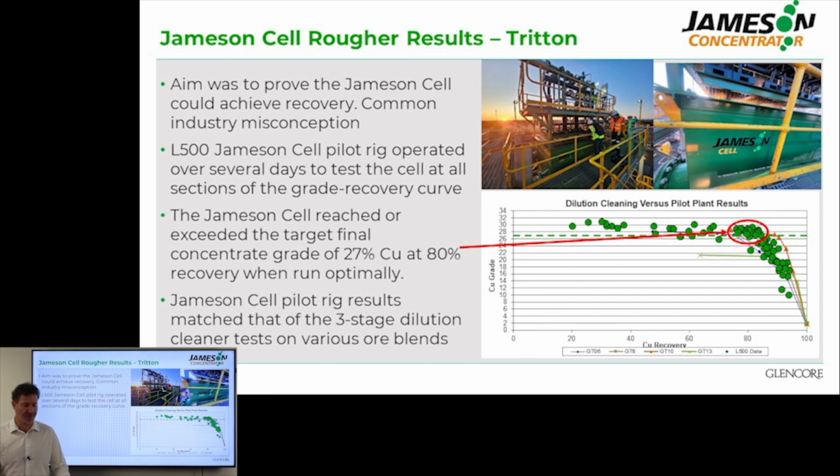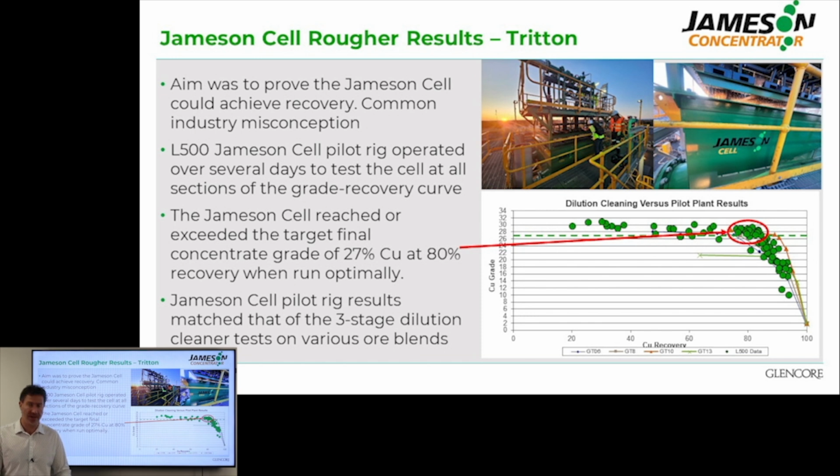Another interesting test result was carried out in Australia at Triton Mine. In this case, the aim was to prove that the Jameson Cell could achieve high recovery. Again, the L500 Jameson Cell was operated over several days to get different sections of the grade recovery curve.